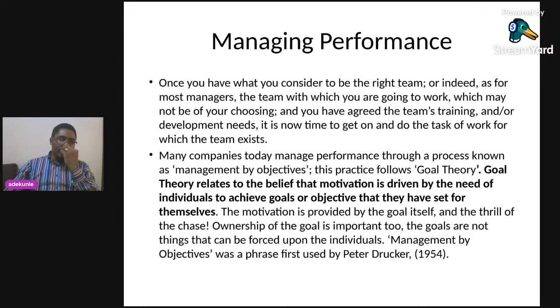That is why we bring in the goal theory, MBO, bringing the individual goal that they set for themselves and aligning it with the organizational goal, so that at the end of the day, the staff is motivated to meet the overall goal he or she wants to achieve.